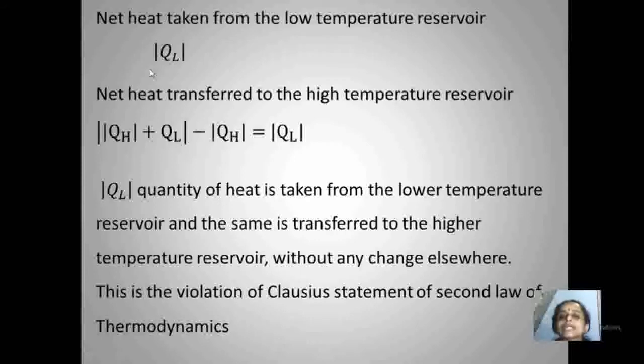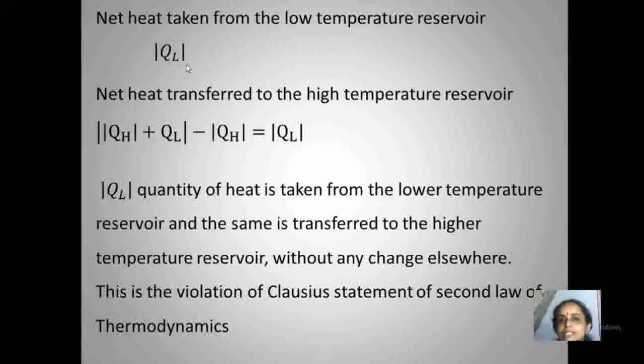That is the violation of Clausius' second law of thermodynamics. That means here transfer is occurring, but there is no other effect here. So it is a violation of the Clausius statement. If the Clausius statement is true, then there should be some work done on the system to transfer heat from a lower temperature reservoir to a higher temperature reservoir.